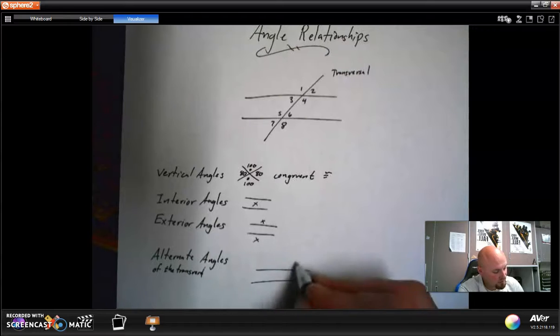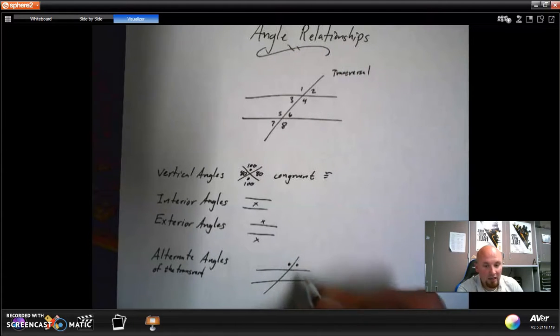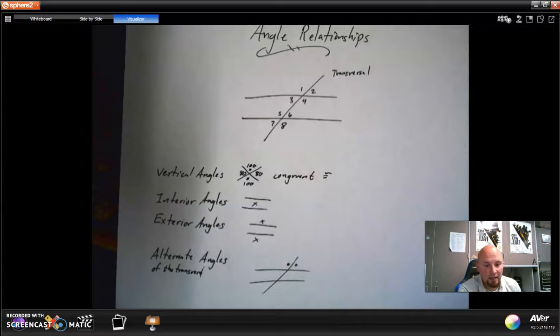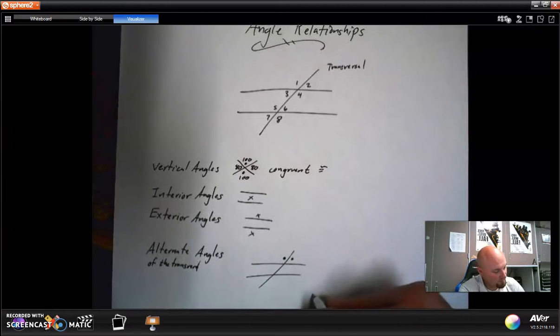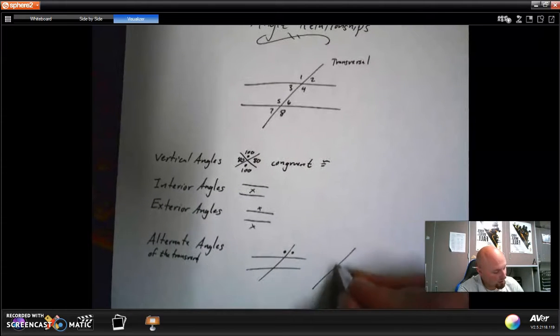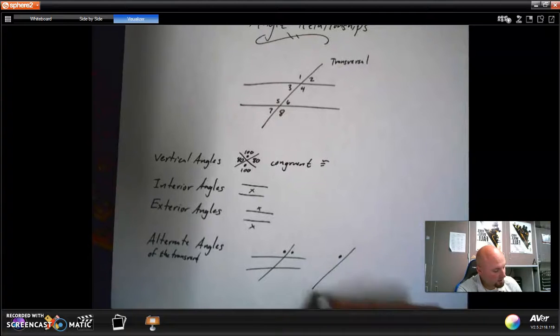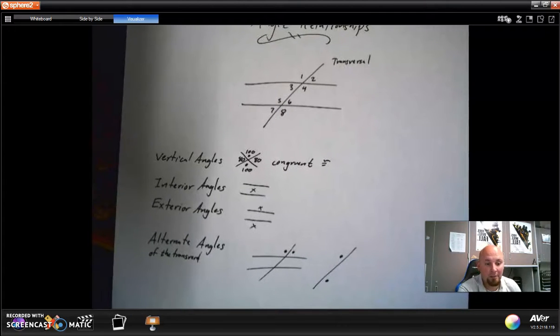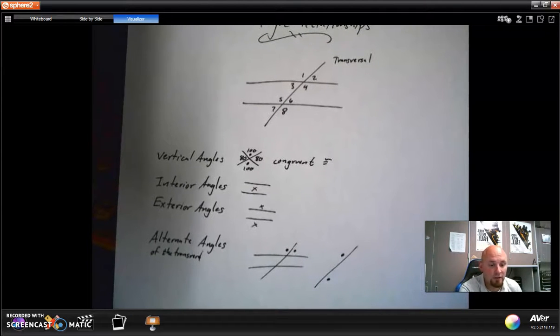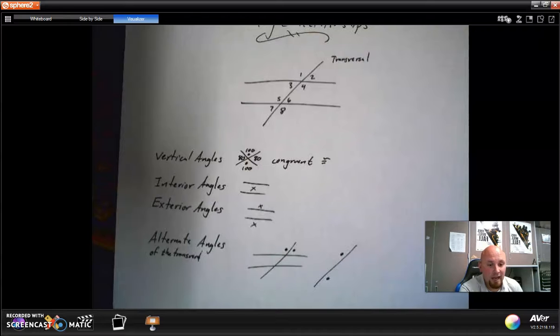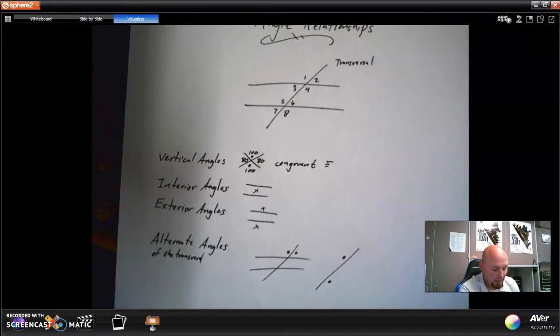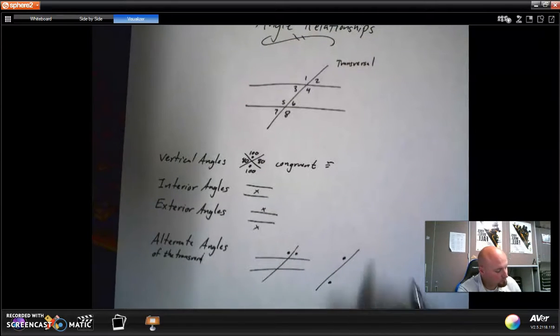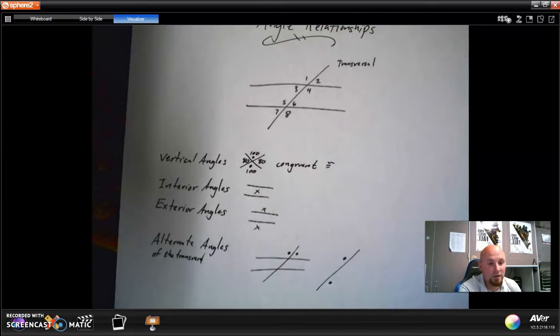So when we have this transversal, this angle right here and this angle right here, they're on opposite sides of the transversal. If I just drew the transversal alone, let's say an angle was right here and an angle was right here. Are they on opposite sides of the transversal, meaning is one on the left and one on the right? Yes, they are. So that's alternate angles, or alternate sides of the transversal.